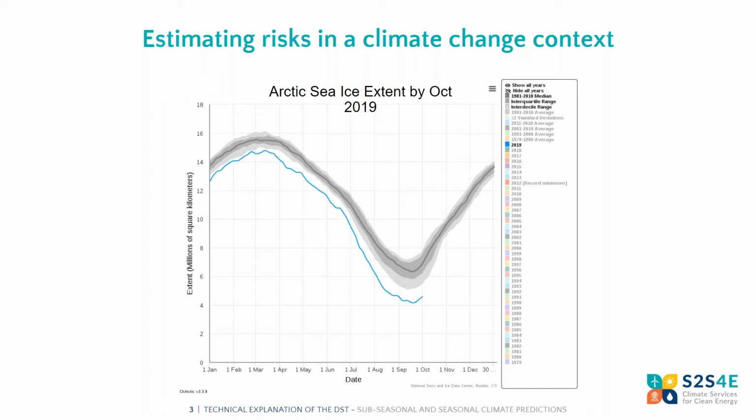This would be a classical boundary condition of the atmosphere, given its chaotic nature. Even if we cannot tell the exact state of the atmosphere one month ahead, we can tell that the very low Arctic sea ice extent that we have now will have an impact on it.